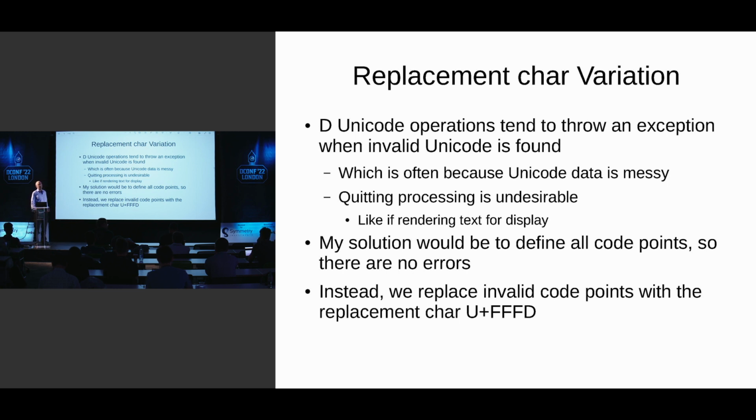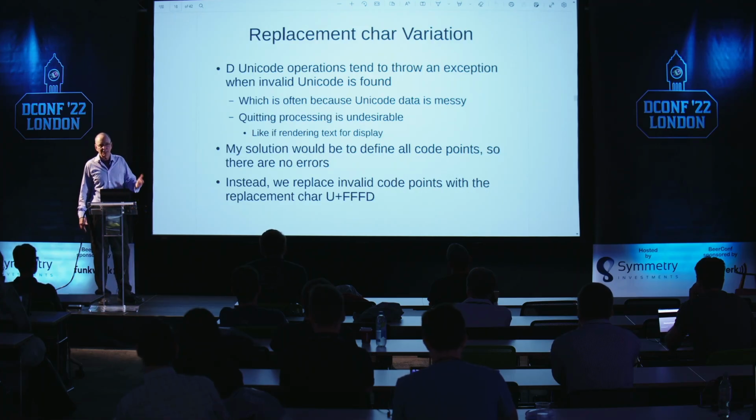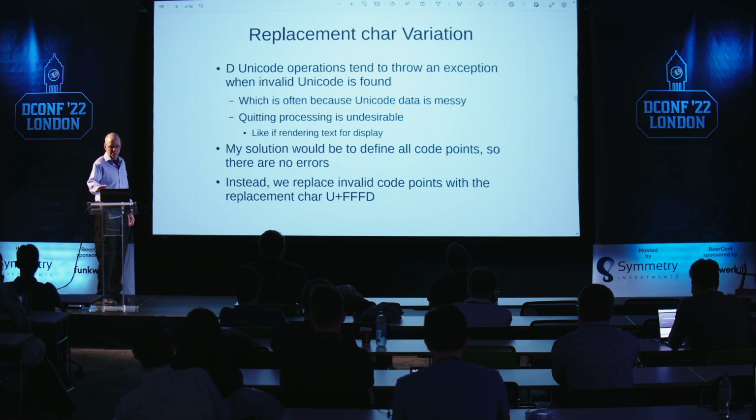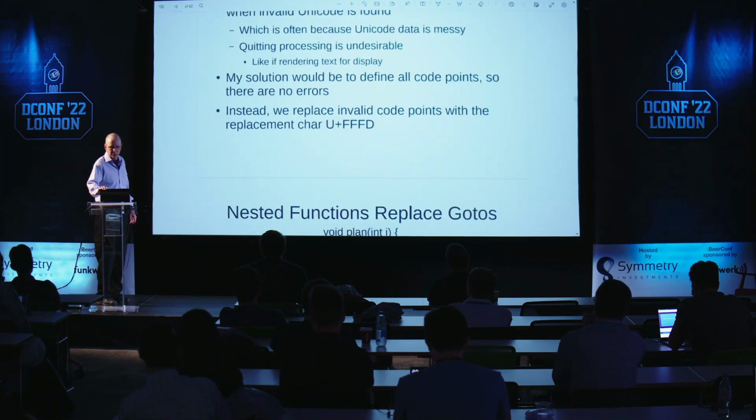And it turns out a better way to deal with it is there's a special Unicode character called the replacement character, which you just take your bad Unicode and replace it with a replacement character, and then all you have to do is the replacement character is usually rendered as an empty box. So you don't really have to do error checking in your code, your Unicode. You can still just continue to process it, and some of your bad Unicode will just show up as a box in there. So it's another way of doing NaNs.